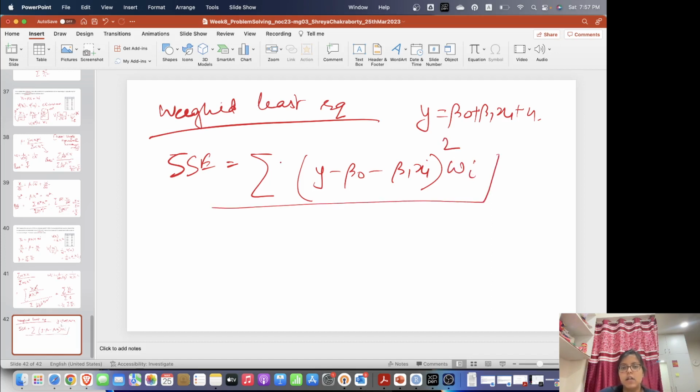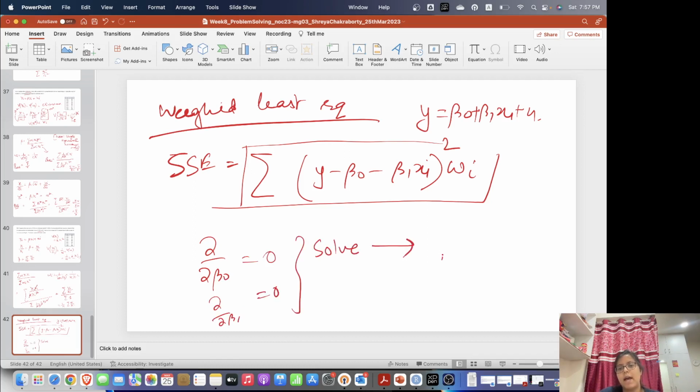This thing we have to differentiate with respect to the unknown parameters, however many we have, equate them to 0, solve for them and get the WLS estimators.